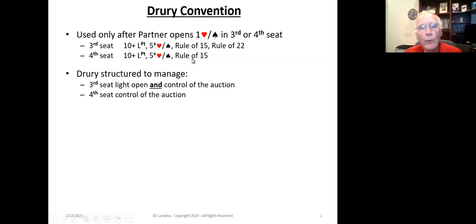Can you control the master suit, the spade suit? So I'll let you go back and look at those on your own, because we're going to talk about the Drury Convention. What I'm trying to do here is lay the foundation of what the responder can expect after their partner opens in third or fourth seat.